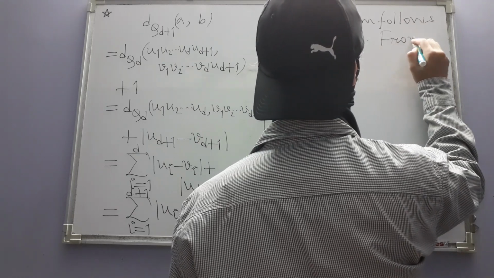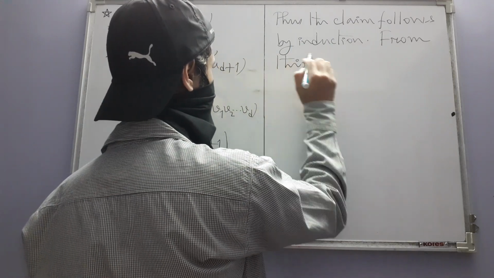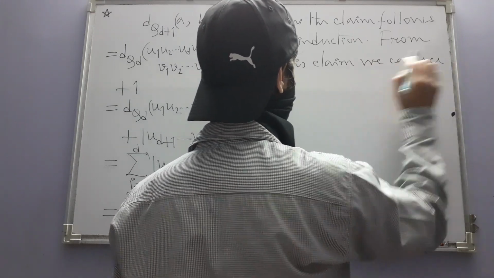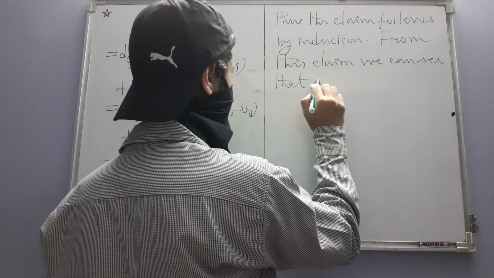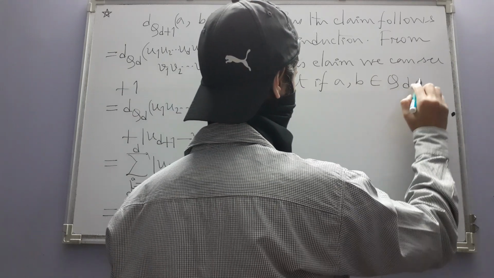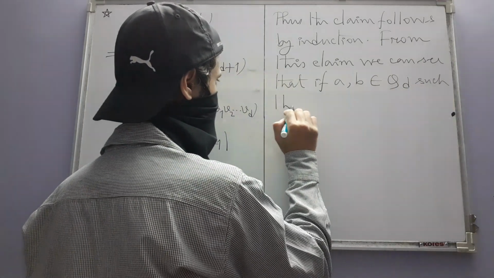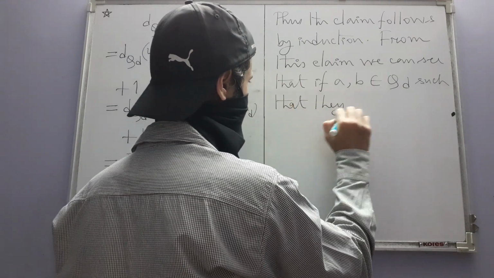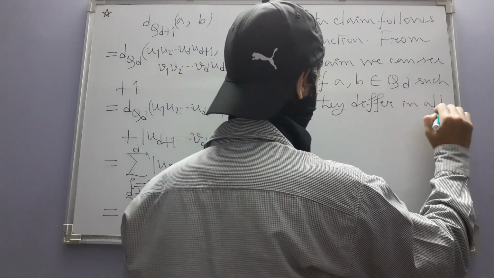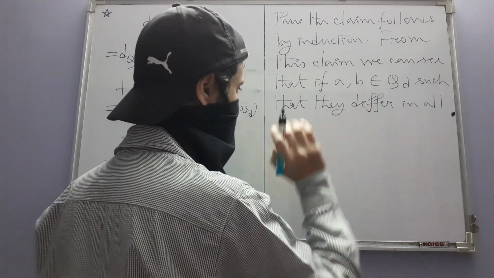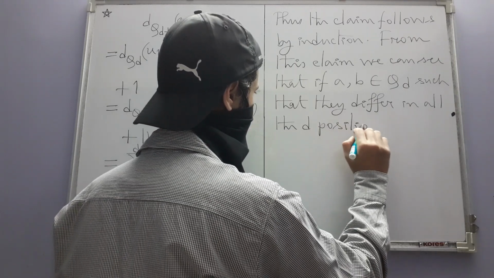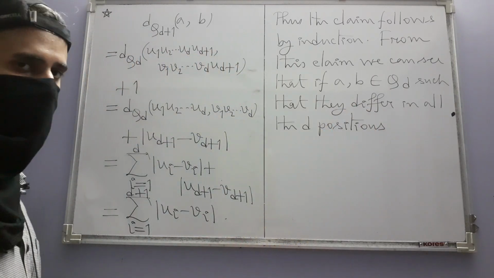From this claim, we can see that if A and B are two vertices in QD such that they differ, because their strings differ in all the places, all the D positions, and such pairs clearly can be found.